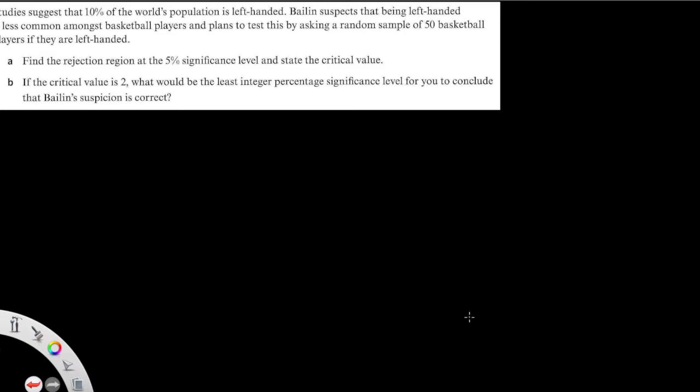Now, first we should define the random variable.